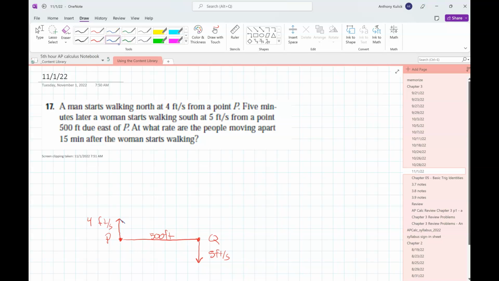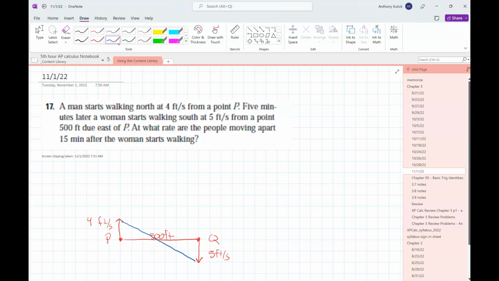And we're looking for how that distance is changing. Everybody agree? Does that feel okay with the drawing and match the words?